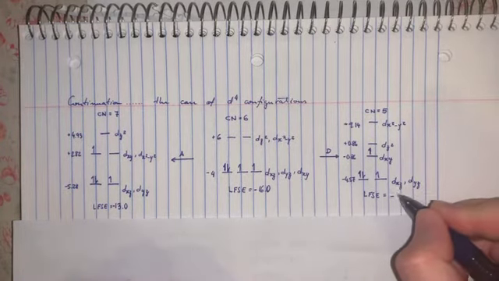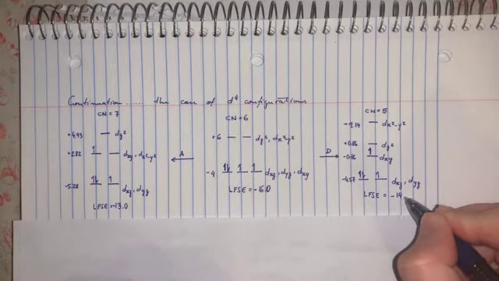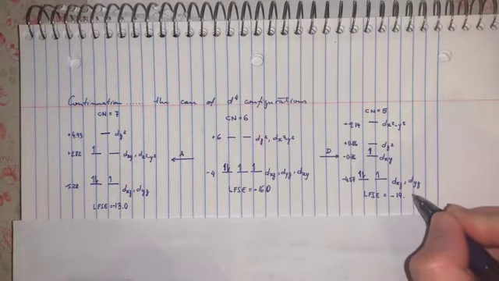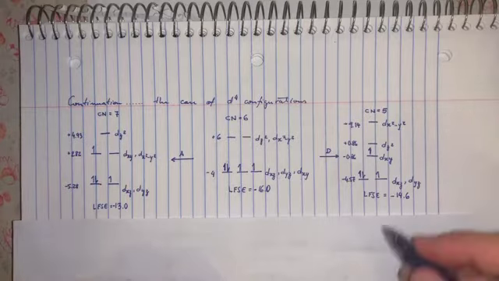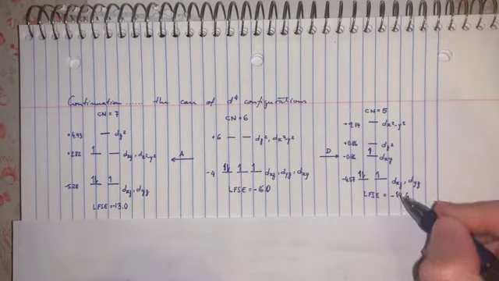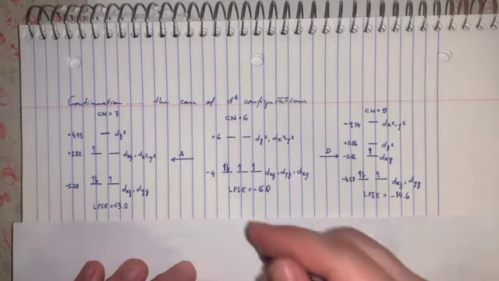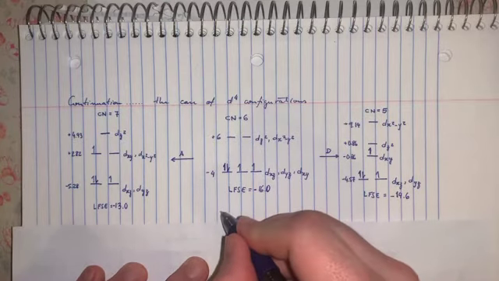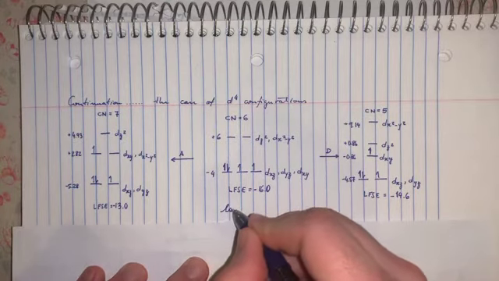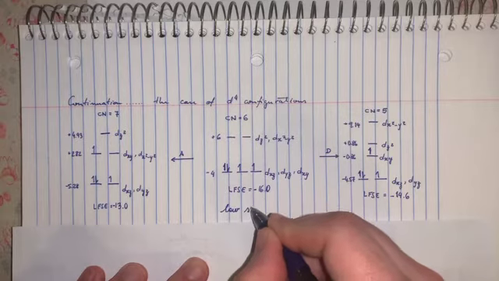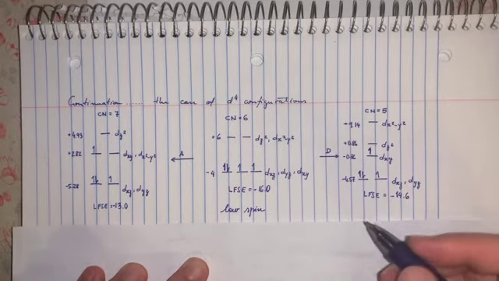So that's a total ligand field stabilization of 14.6. And let's make a note here that this is a low spin complex. All right.